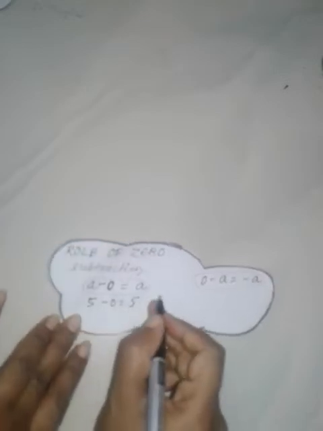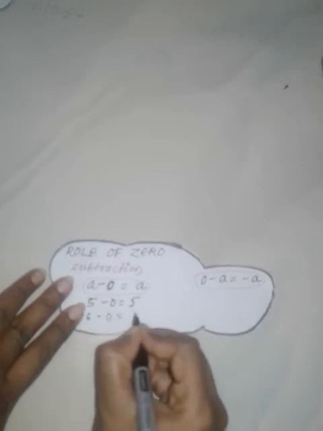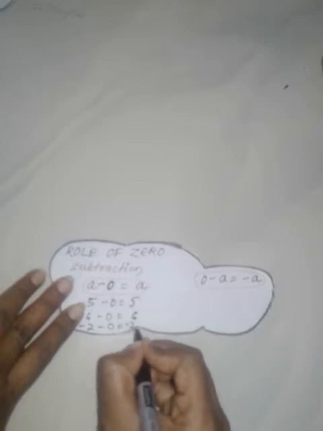Suppose 5 minus 0 is equal to 5, 6 minus 0 is equal to 6, minus 2 minus 0 is also minus 2. And if we subtract an integer from 0, suppose 4, then the value will be minus 4. The negative sign will be here. 0 minus 10 is equal to minus 10.